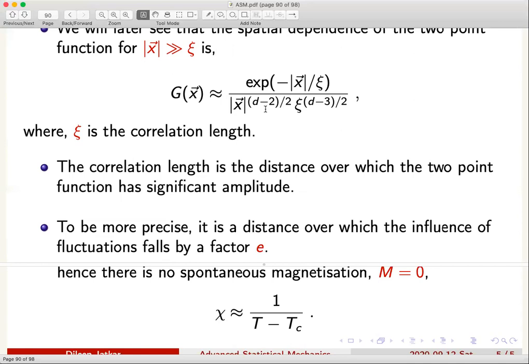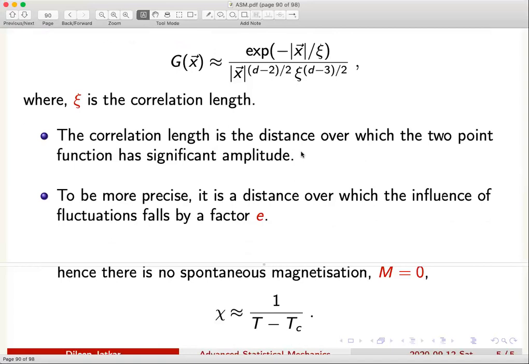Okay, so c is a scale beyond which the correlation has fallen by a factor of e. So you would say that the typical size of the correlations is of the size of c.